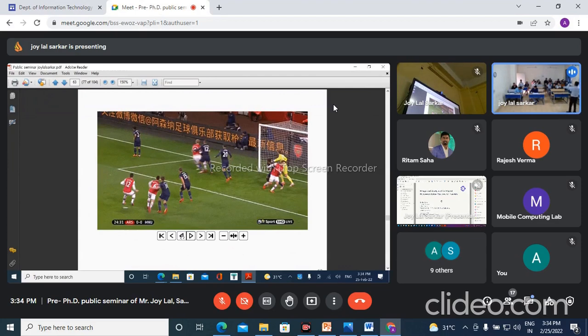Suppose the game is cricket, one is the batsman and another is the bowler. Each player thinks that he needs to win. So there should be mutual understanding. If I bowl a swing ball, the batsman needs to understand that the bowler is bowling a swing ball, and likewise the bowler needs to understand the batsman. Cricket is also like that. In that way, I need to play a game with the other members.